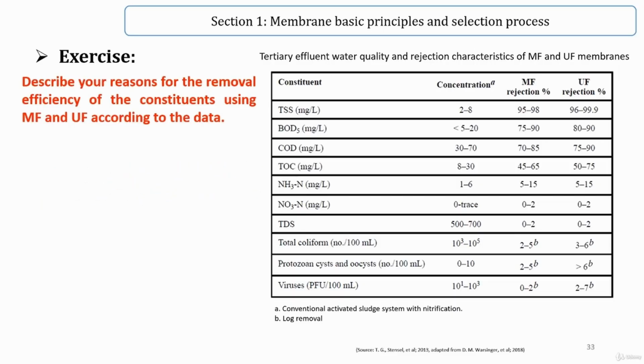Actually, it has to be noticed that in a wastewater treatment plant, membrane filtration has to be used after the tertiary treatment level due to the low constituent concentration at this level, for prevention of membrane problems such as fouling and scaling. We will discuss these problems in the next section. In this table, tertiary effluent water quality and rejection characteristics of microfiltration and ultrafiltration membranes are shown.